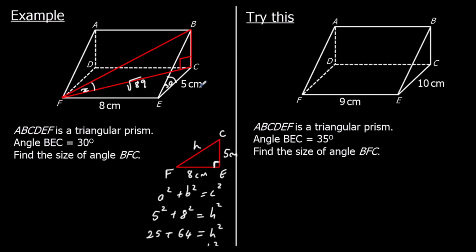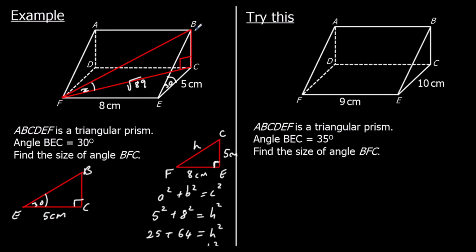Then we can use another right angle triangle, BCE. So BCE is a right angle. BEC is 30 degrees, we've been given that. And E to C is 5 centimeters.